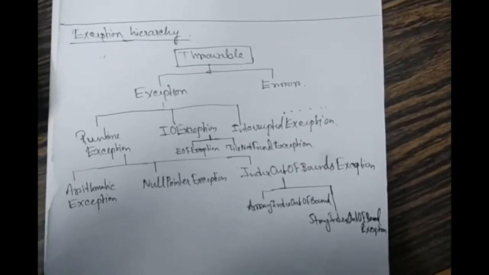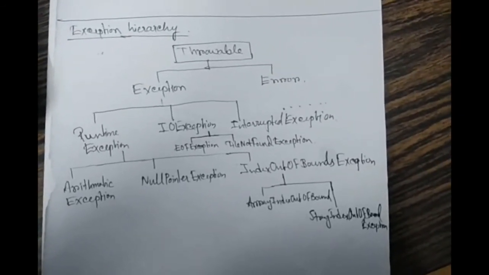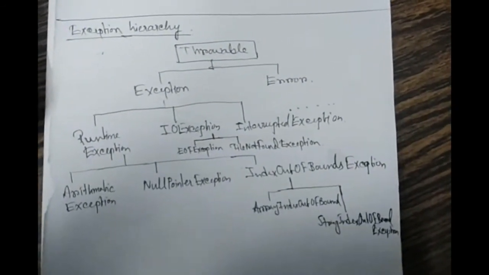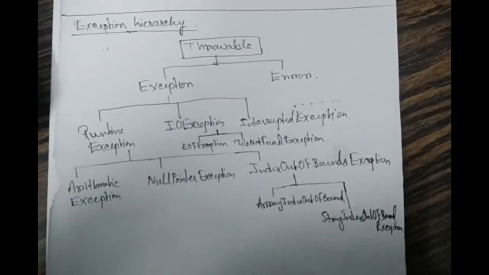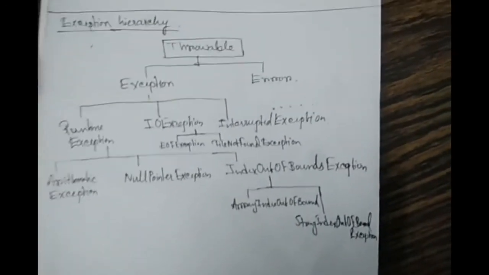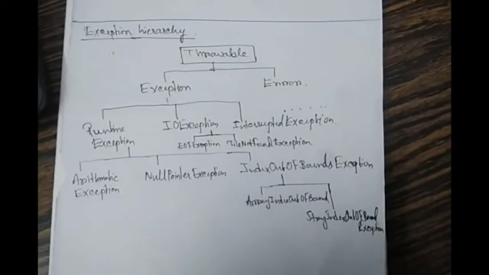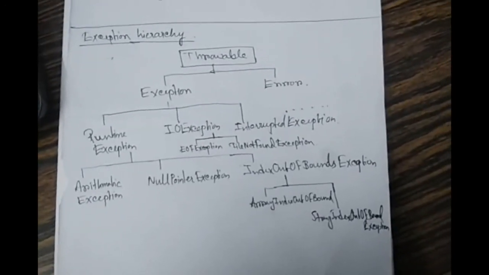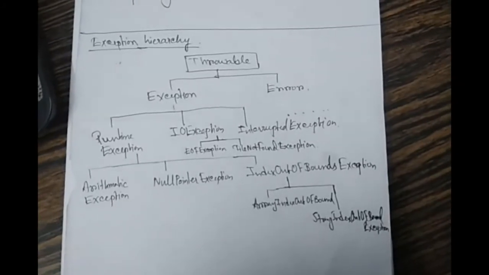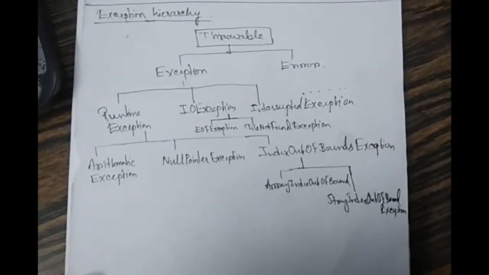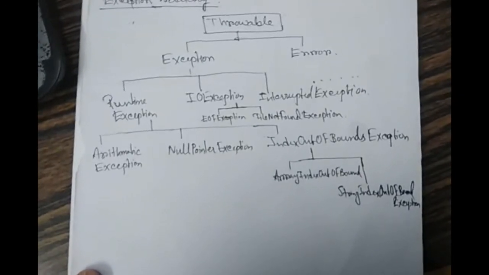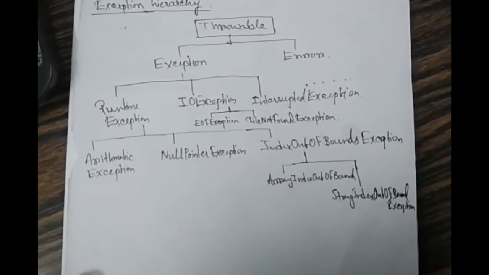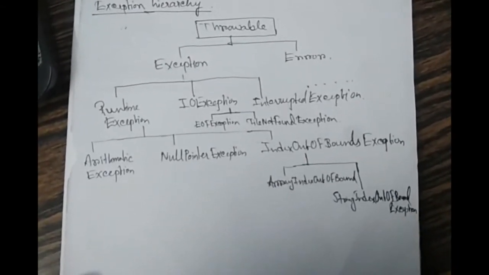Now we are trying to define the exception hierarchy. So you should know that exception is a child class of the throwable class. Throwable class is the root class of all exceptions. So throwable class can have two child classes, one exception class, one error class. Exception class has different child classes like runtime exception, IO exception, interrupted exception.